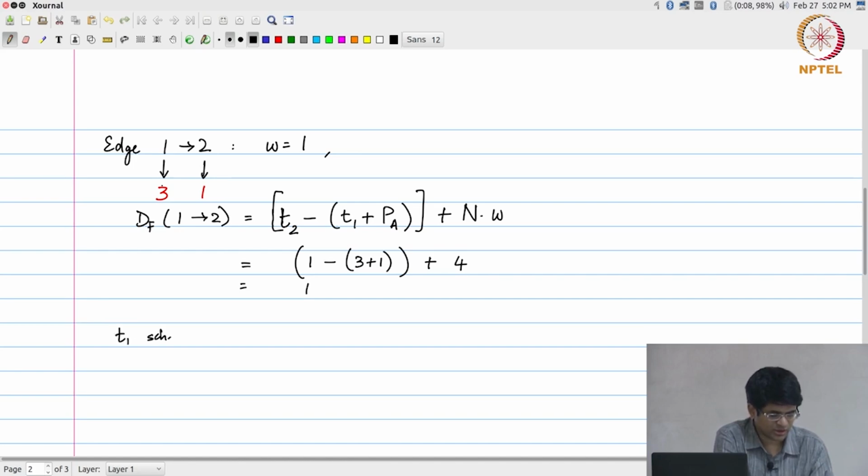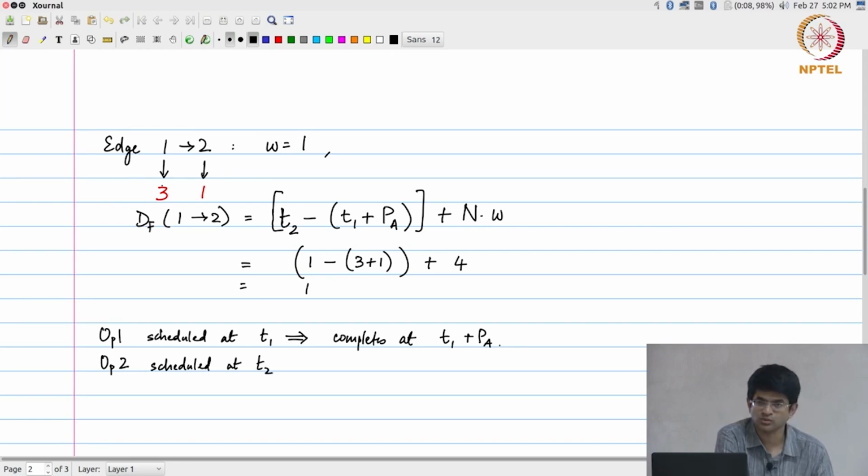So, another way of looking at this is operation 1 is scheduled at time T1, completes at T1 plus PA. Operation 2 is scheduled at T2.